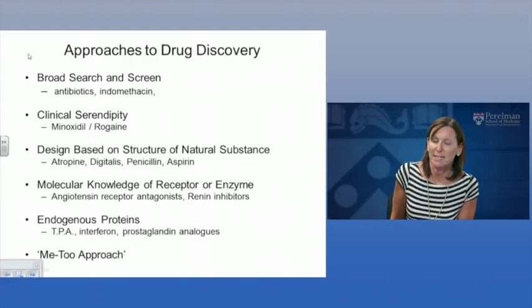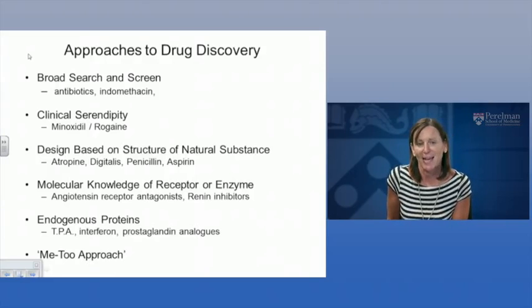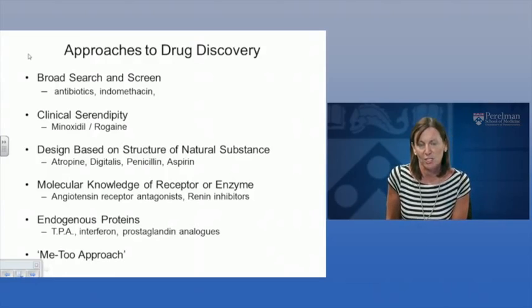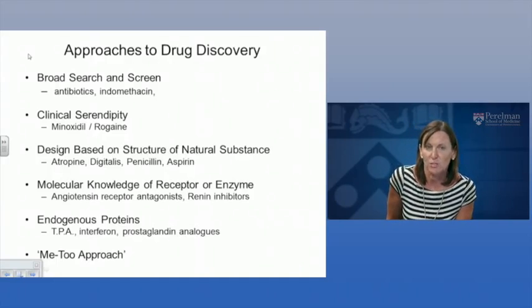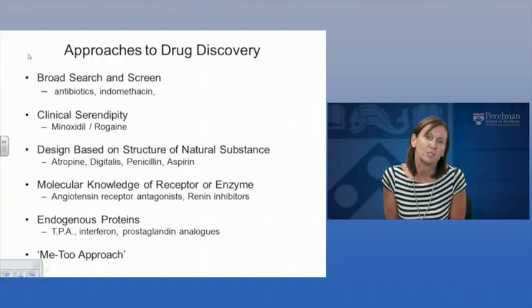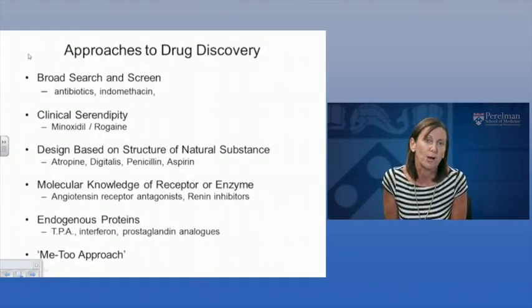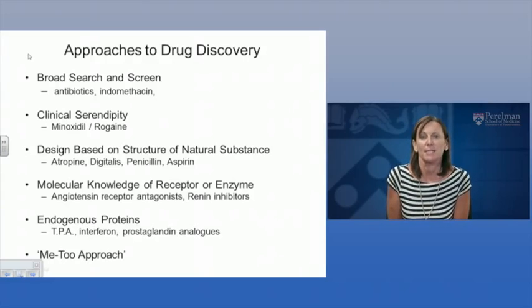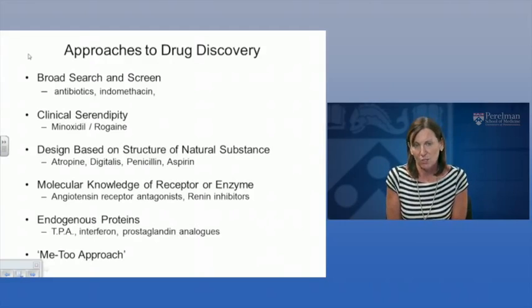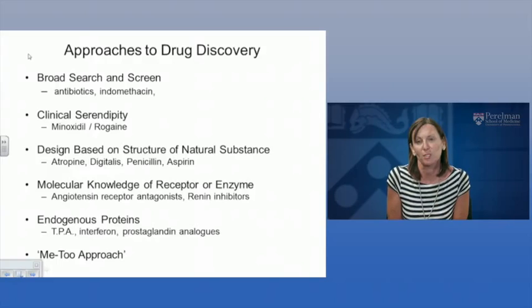And an example that I talked about in our last class was the naturally occurring hormone angiotensin 2, which can cause an increase in blood pressure. And we use angiotensin receptor antagonists because we knew what the receptor for angiotensin 2 was. So by appreciating the structure of that receptor, we were able to synthesize molecules that would antagonize the receptor.